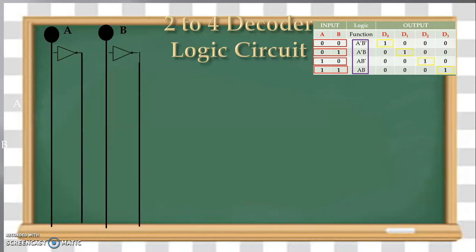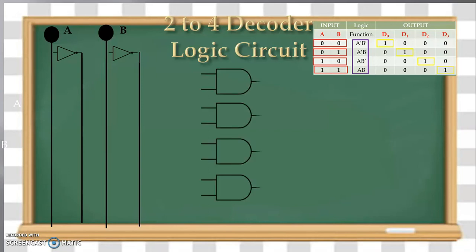Now we have 4 product terms, so we require 4 AND gates. Each product term has 2 literals, so all the AND gates are with 2 inputs.